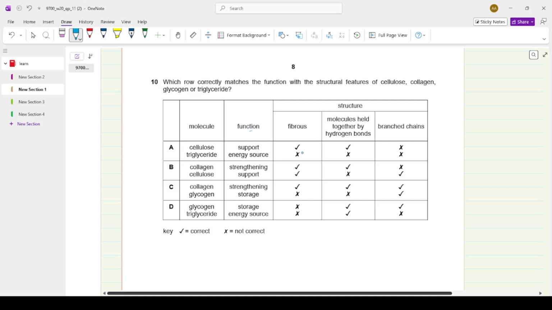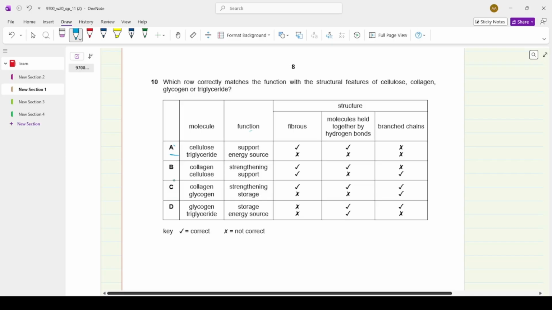Being fibrous, it is true. Molecules held together by hydrogen bonds, yes. Branched, no, it's not branched. Triglyceride, energy source, yes. And then fibrous, no. Molecules held together by hydrogen bonds, not really. Then branched chains, no. So so far it is A.